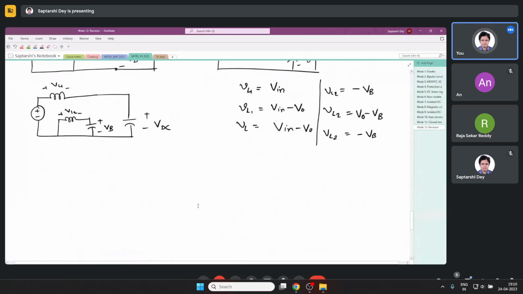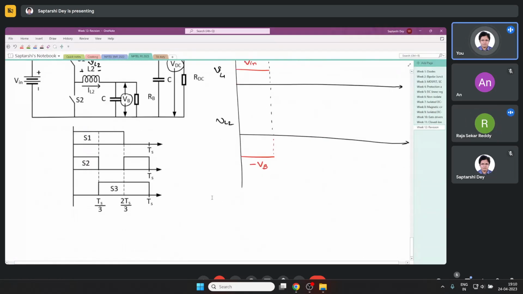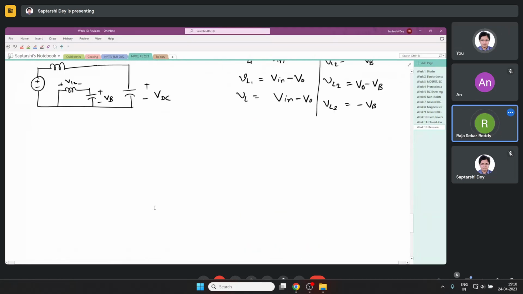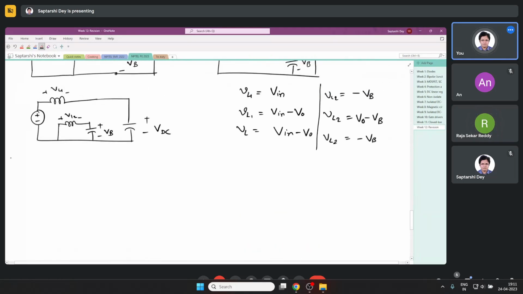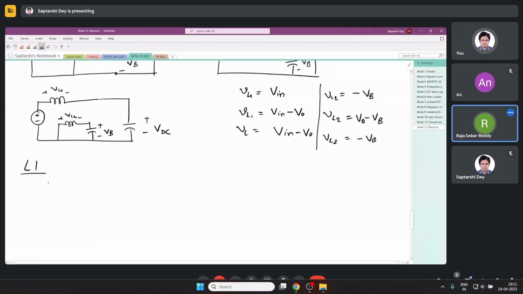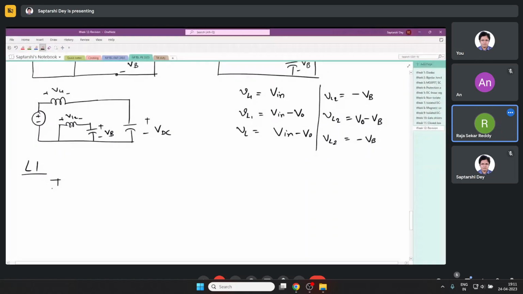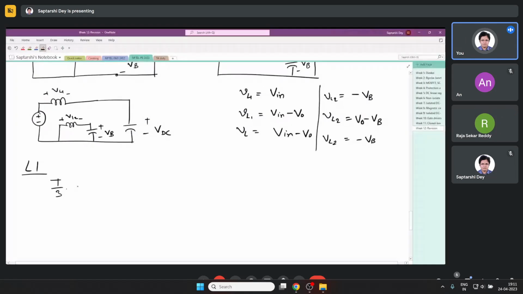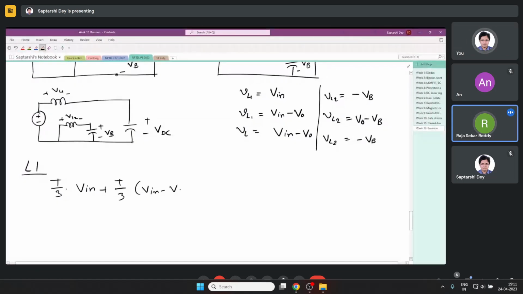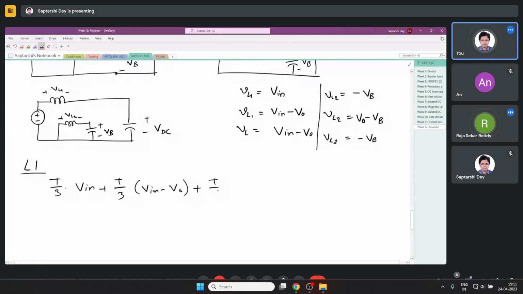But what we can do is, see, the switches are on for the same time, T by 3, T by 3. So we can now apply volt-second balance. For the inductor L1, we can write T by 3 times V in plus T by 3 times V in minus V naught plus T by 3 times V in minus V naught.